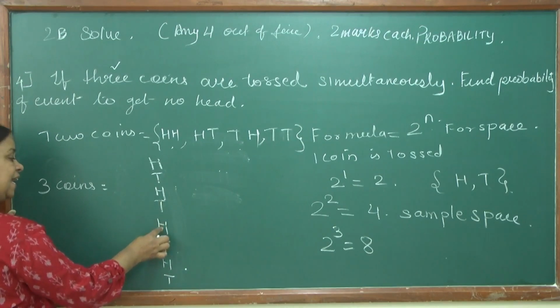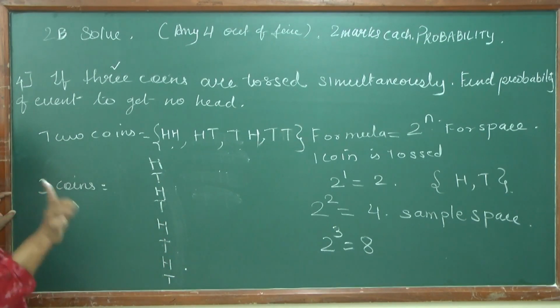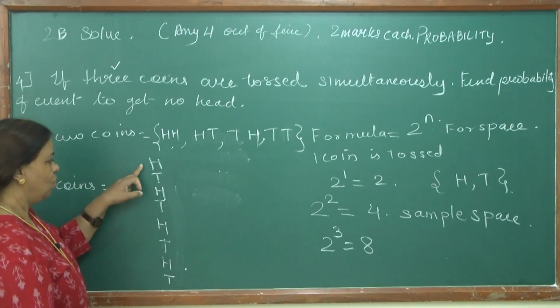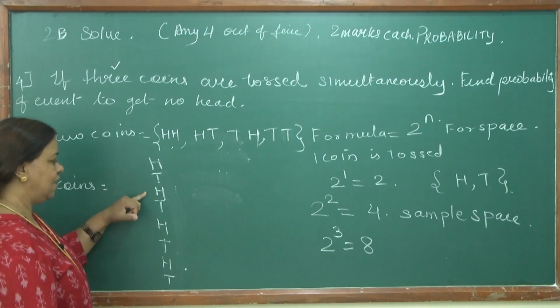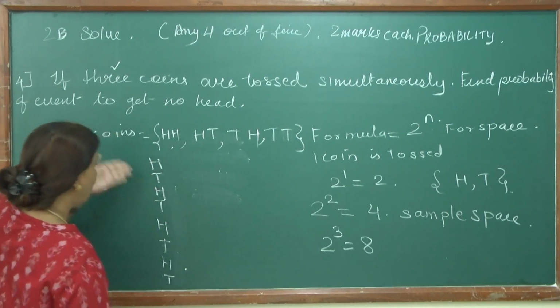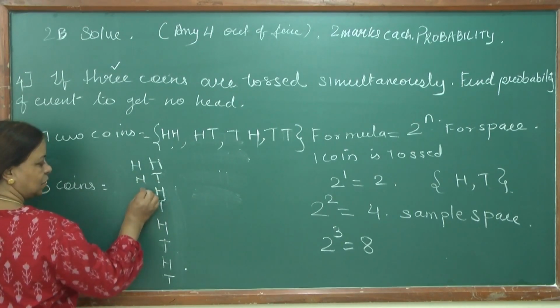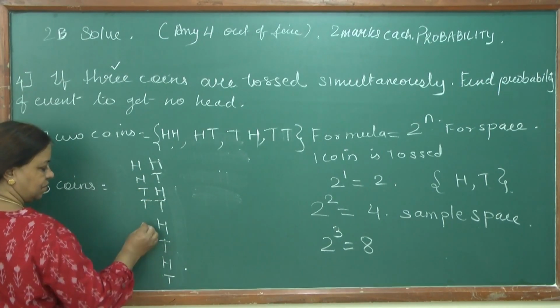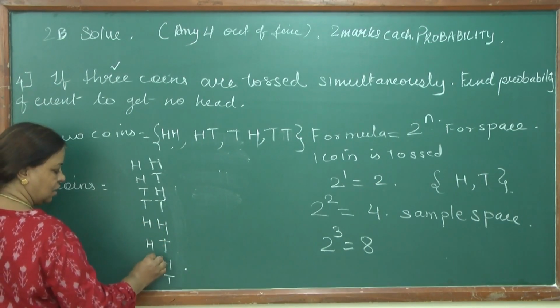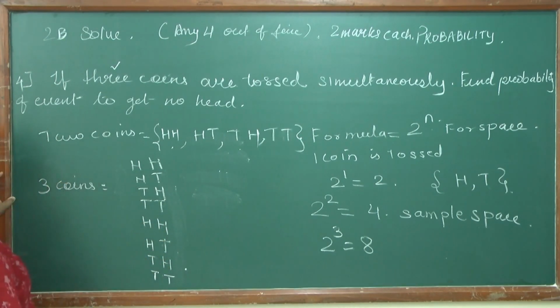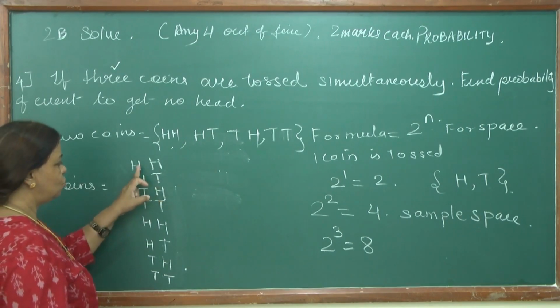Head, tail, I wrote 8 times. 1 time head, 1 time tail. 1 time head, 1 time tail. Now 1 2s are 2. So 2 times head, 2 times tail, 2 times head, 2 times tail. 3 coins are there, na? So this is 2.